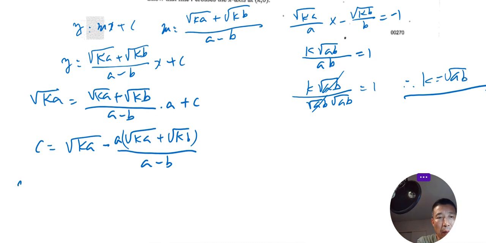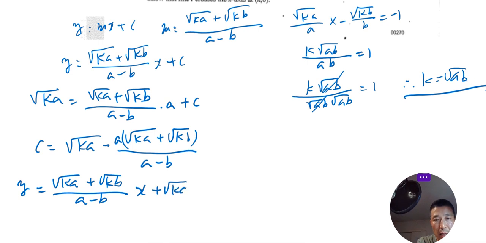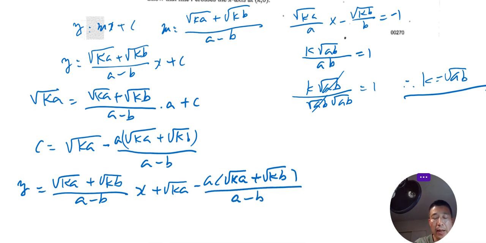So I complete the equation: y equals the square root of ka plus the square root of kb, over a minus b, times x, plus the square root of ka minus a times the square root of ka plus the square root of kb over a minus b, isn't it?